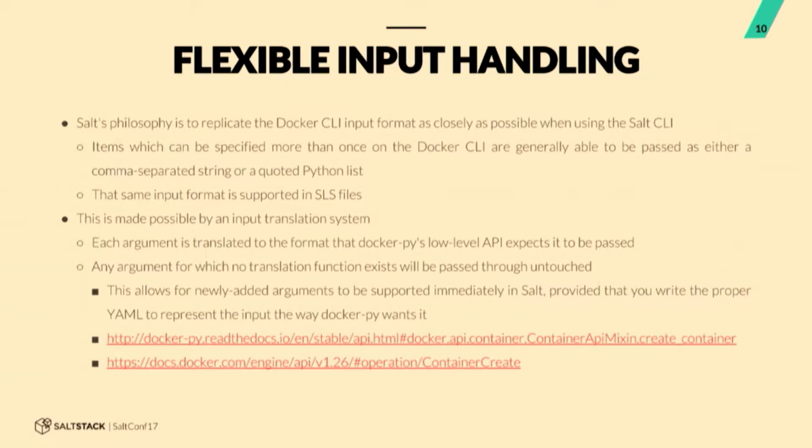When you have items that you can specify more than once, we typically just accept a list of arguments for that particular value. We carry on that same CLI usage from the execution module to the states as well, in the SLS files.